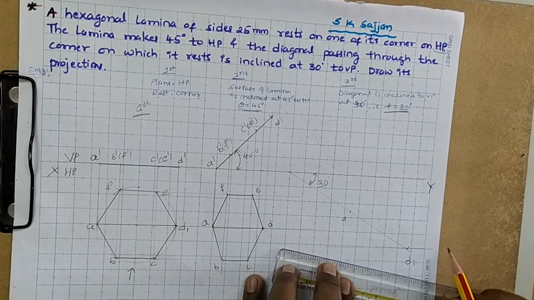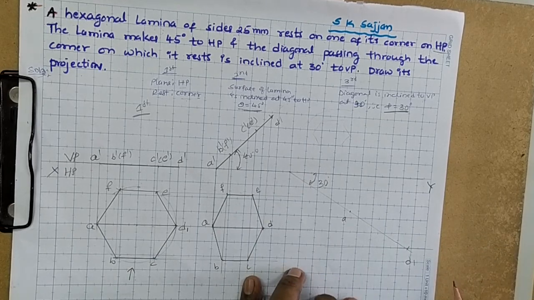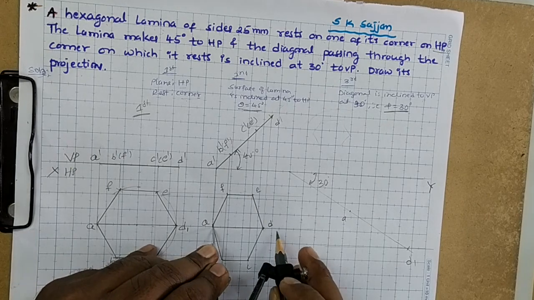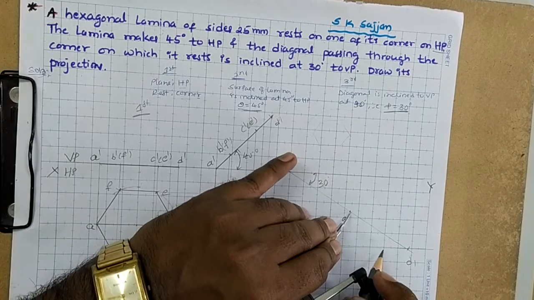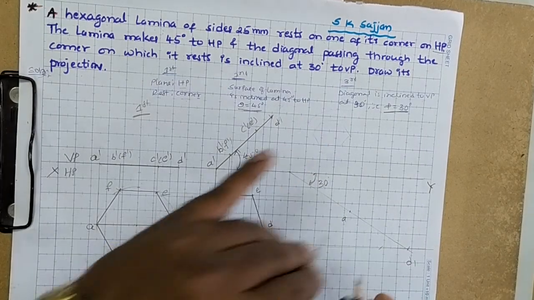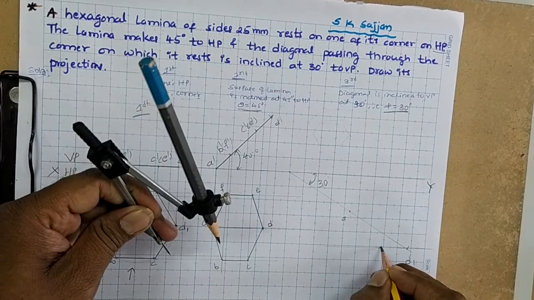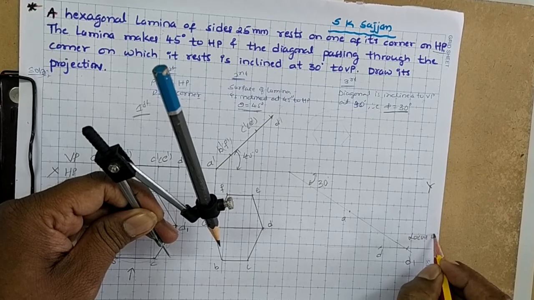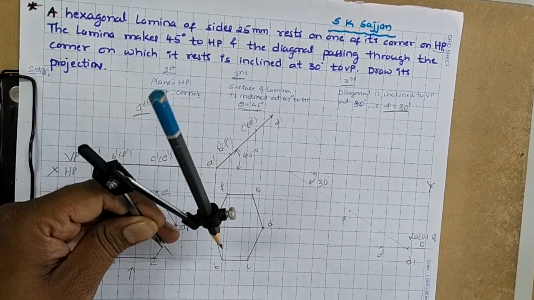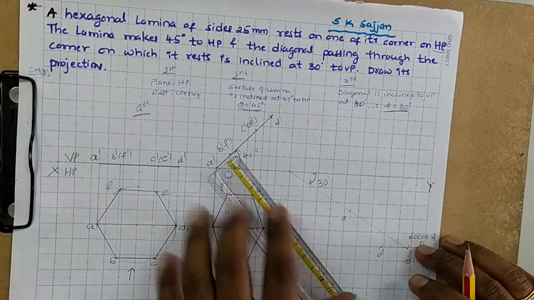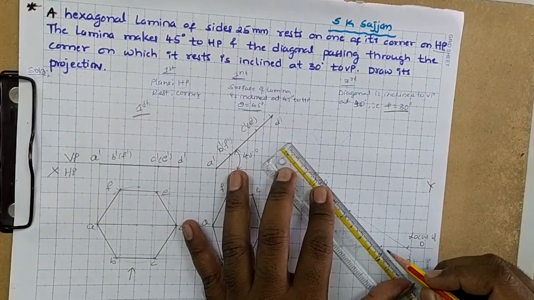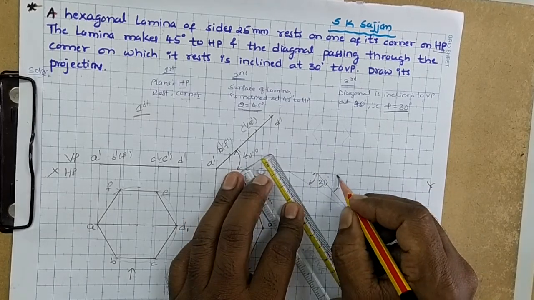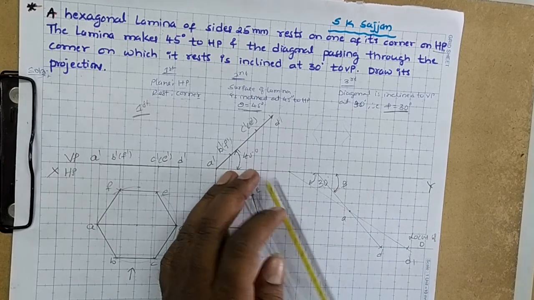Now measure the apparent length of the diagonal, A to D. With A as the center, cut this locus line; that point is D. This line is the locus of D. Now join A and D, and extend it up to the XY line. This angle is beta, which we have to find out.